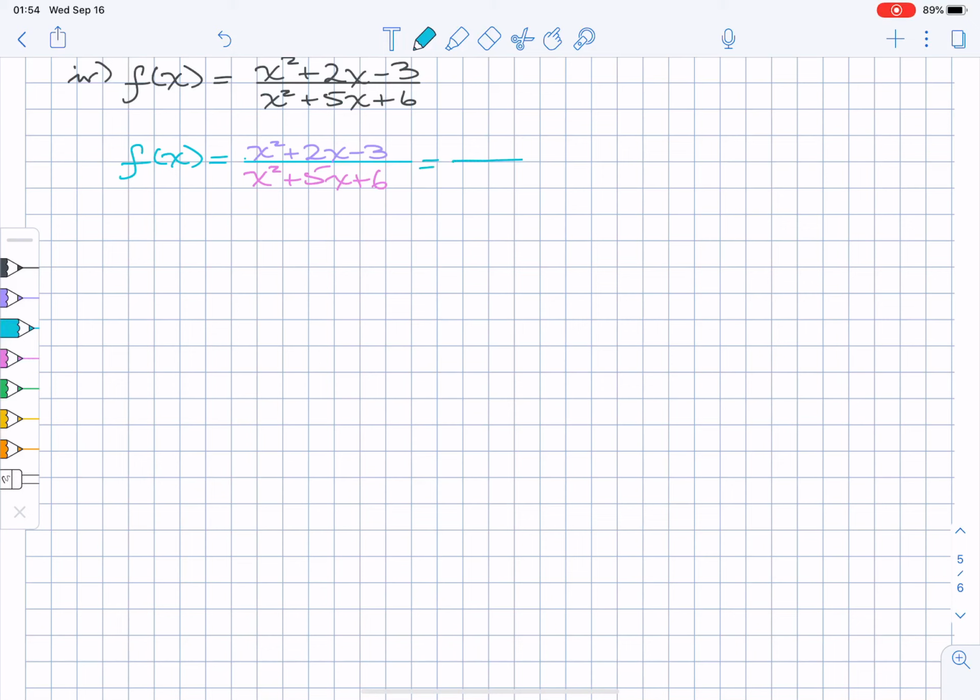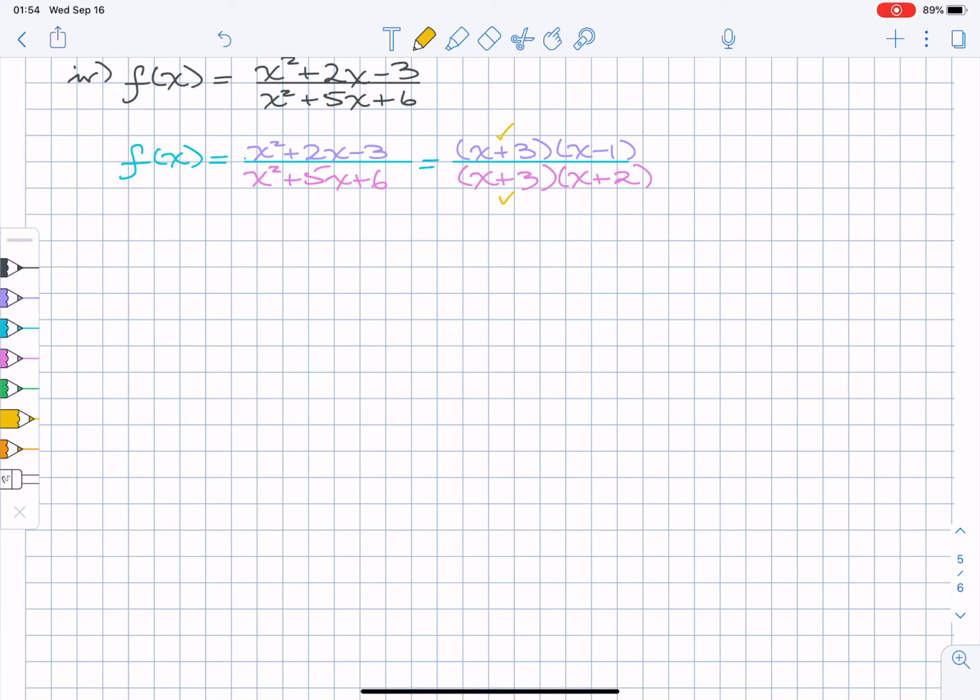What two integers have a product of -3 and a sum of +2? I claim it's x plus 3 and x minus 1. What two integers have a product of +6 and a sum of +5? And I claim that that's x plus 3 and x plus 2.